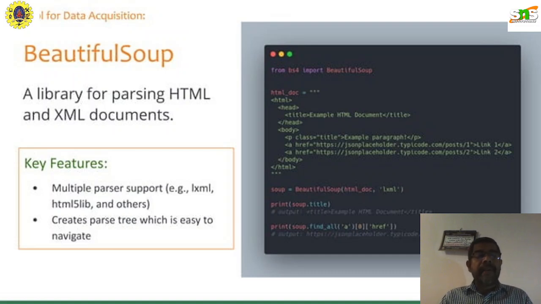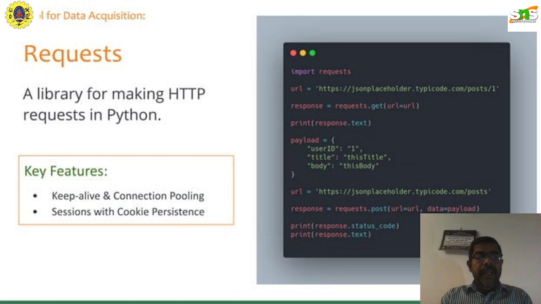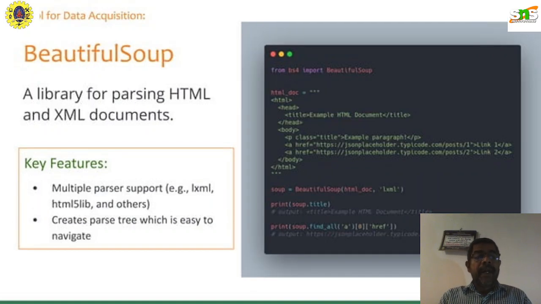When you run these codes, you can extract information from the websites. The main features are that Beautiful Soup supports multiple parsers and creates a parse tree that is easy to navigate. Previously we used Go with HTTP, whose key features are keep-alive, connection pooling, and sessions with cookie persistence, so the task continues until the cookie is validated.